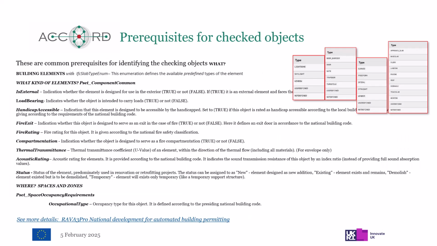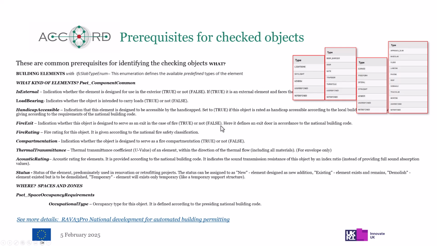For this type of checking, we have created prerequisites for checked objects. This example here is based on the Rava 3 Pro project. So we are looking for details to identify the checking objects: what we are checking, building elements of a certain type, what kind of elements, what kind of criteria they have.